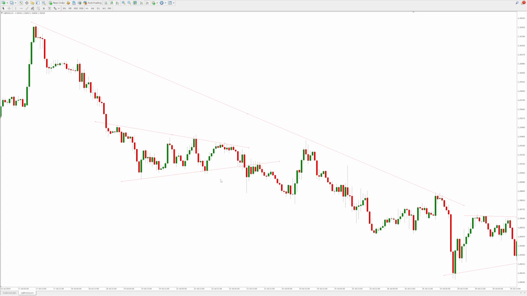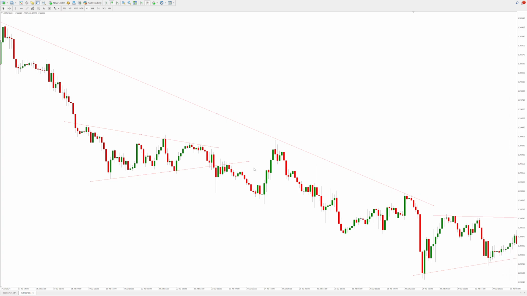Breakout happens around here. Okay, so the support turns to resistance, and this could have been an entry point. We did have quite a significant pullback here. However, had we used this resistance level as a stop loss area, we still would have been okay in that trade.